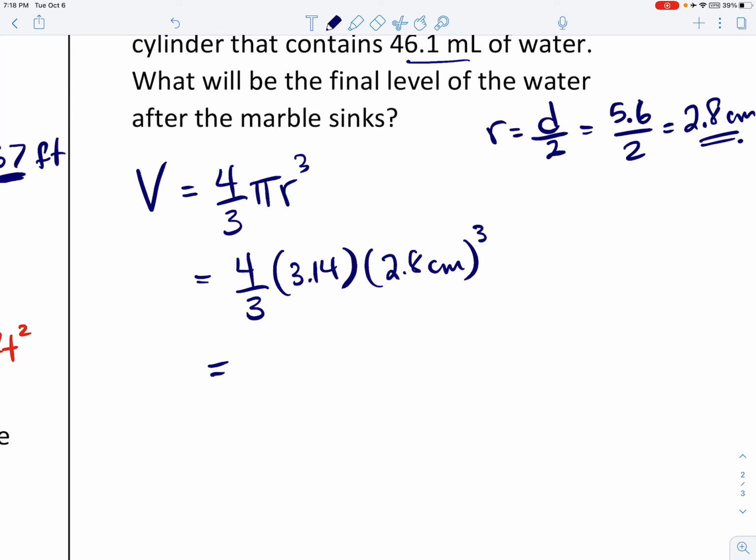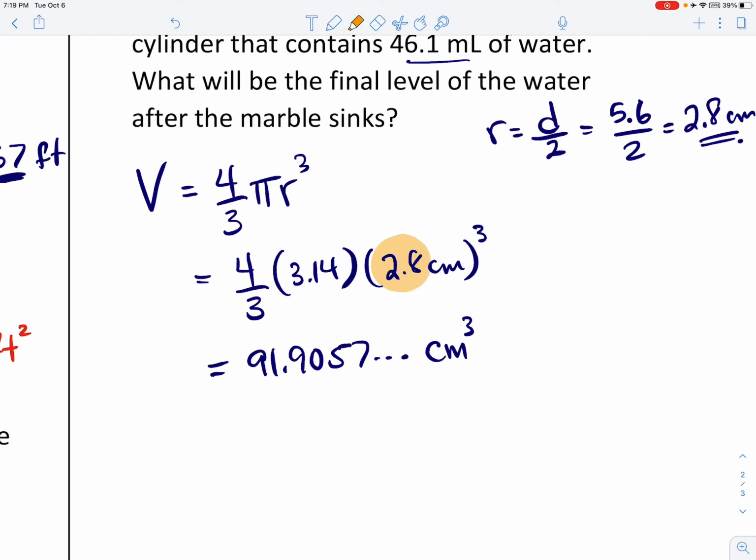If you have a cubed button or you know how to raise to the power of 3 on your calculator, do that, or multiply it by 2.8 2 more times. And then don't forget to also divide by the 3, and you should get 91.9057, etc. on the calculator. Because we cubed the centimeters, the units are cubic centimeters.